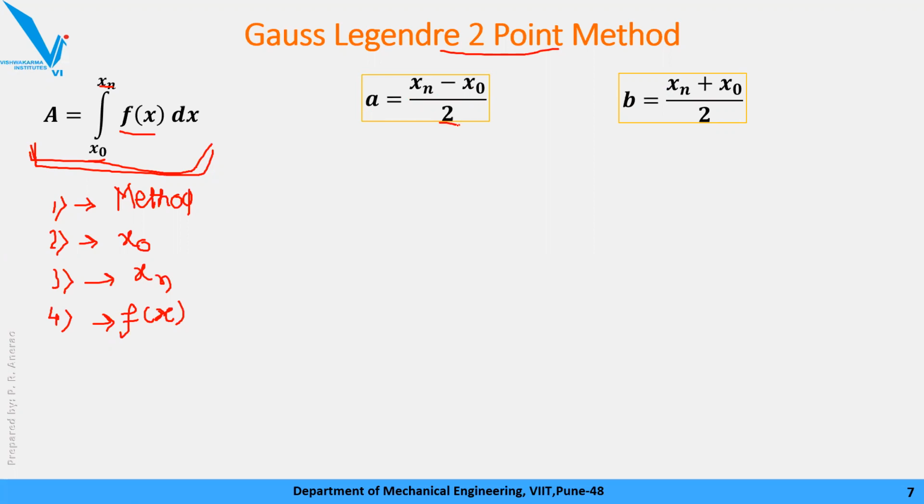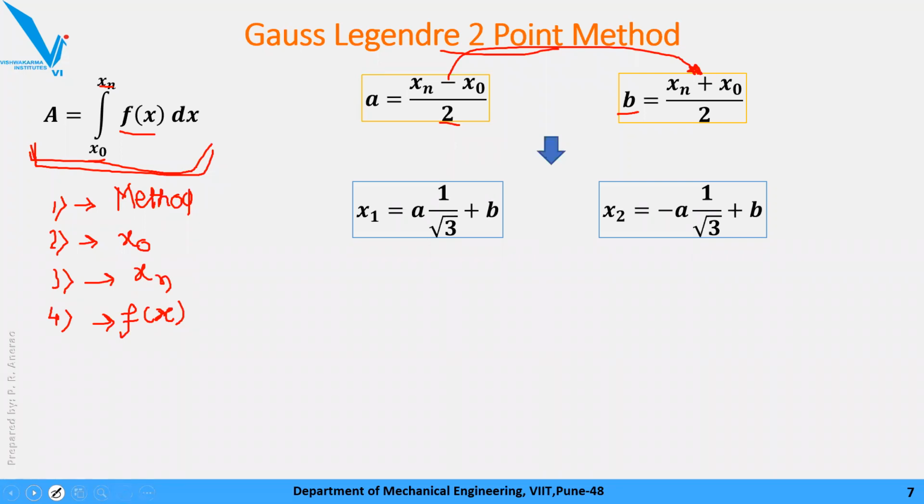Now replace this minus sign with a plus sign, and you obtain the b value. This part you have to remember. Now based on these two values a and b, we are going to calculate x1 and x2.